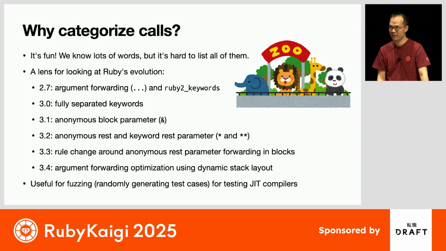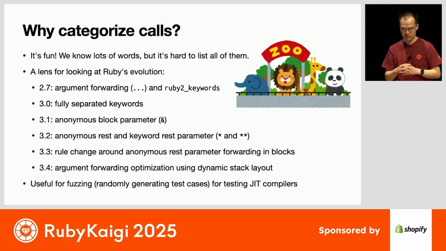Since calls are everywhere in Ruby code, language changes usually end up touching them. And there's been at least one change to call features in the past 6 years of Ruby releases.